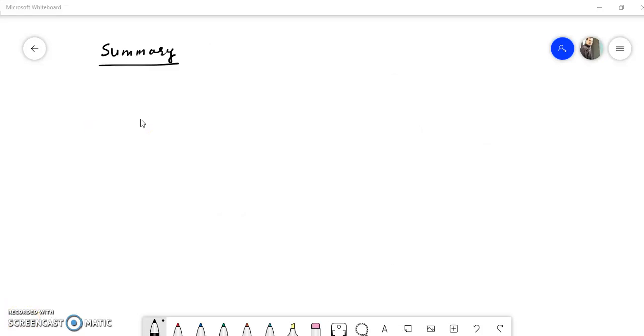So in summary, in this video we have seen two reactions of alkynes. The first reaction was hydration of alkynes. The hydration of alkynes takes place in presence of H2SO4. If a terminal alkyne is there, then sometimes HgCl2 is used to increase the reactivity of the alkyne.